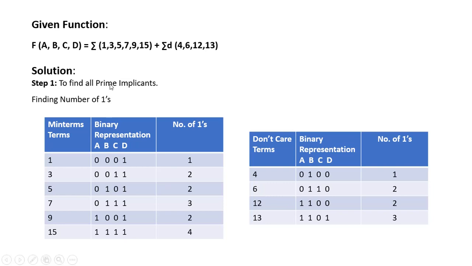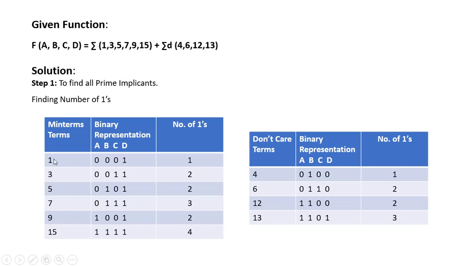So this was our given function. These are our minterms, these are don't cares. So the first step is to find all the prime implicants. To form all the prime implicants, first we have to find the number of ones. For that, you will list all the minterms, their binary representation and the number of ones in their binary representation.